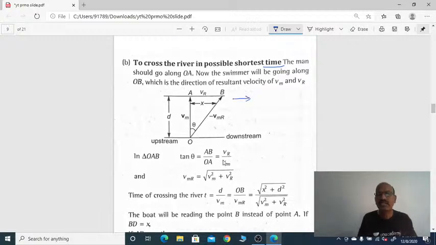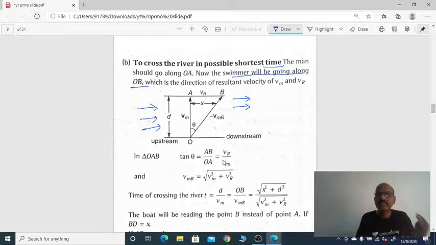See that this is the direction of flow of the river. The man should go along OA to cross in the shortest time. But when he tries to cross, the flow of water will push him downstream up to B, so the swimmer will be going along OB. This is the direction of flow of water.